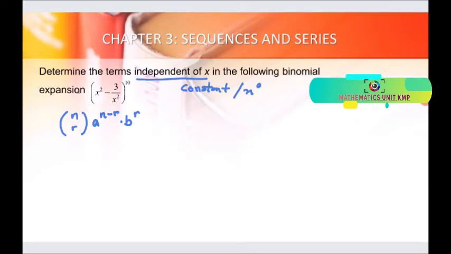So let's substitute the information we have. 10Cr, x squared to the power of 10 minus r, multiplied with negative 3 over x squared to the power of r. Now we want to find the term that is independent of x, or constant, so we set it equal to x to the power of 0.